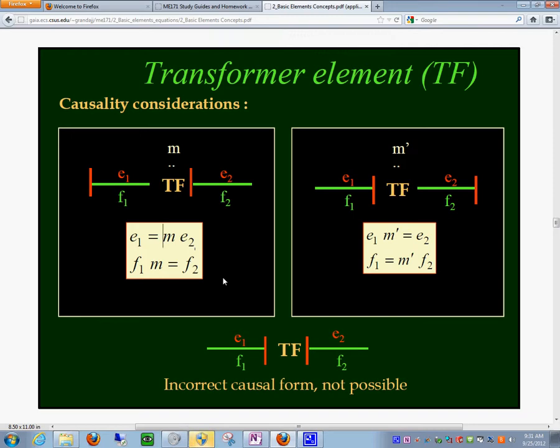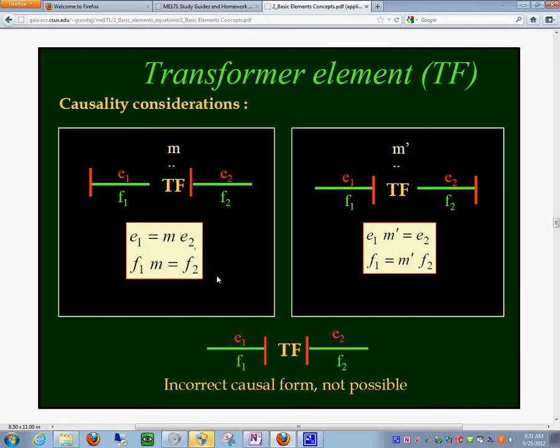On this one, you have to remember that one flow or velocity gets transformed into another velocity by this modulus M. So we have to remember always that the TF has two equations, not one, two.